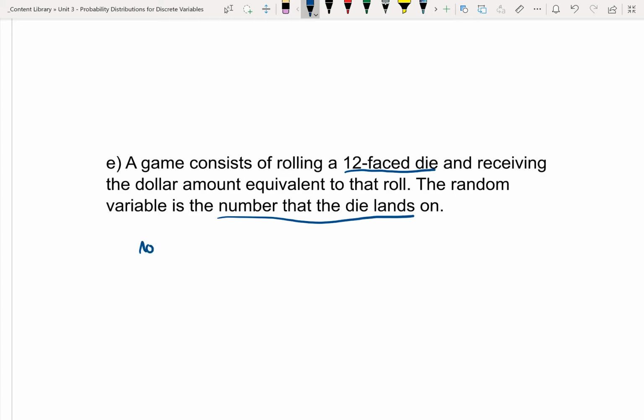There is no success or failure in this case because it is not a failure if it lands on a different side or a side other than something specific. So any side or face it lands on works. And because there is no success or failure, and everything is equally likely, we should be looking at a uniform distribution.